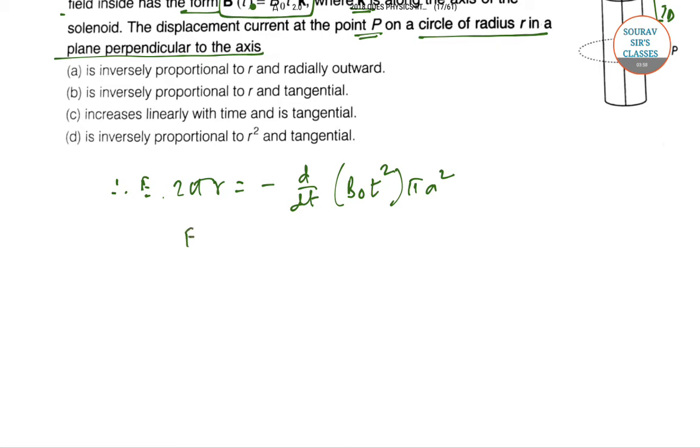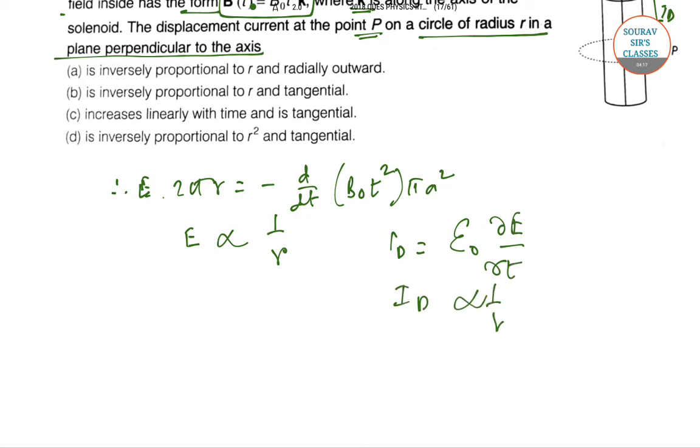So we get that E is inversely proportional to R, which is also a time dependent quantity, and the displacement current is ID equal to epsilon del E del t. So ID is also inversely proportional to 1 by R, and is tangential to the surface.